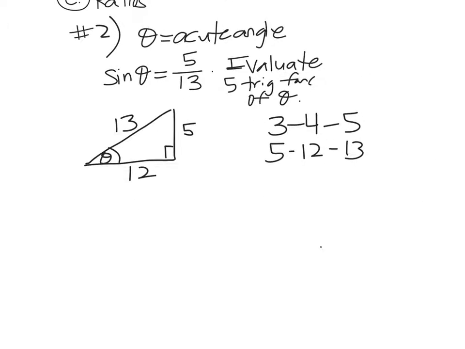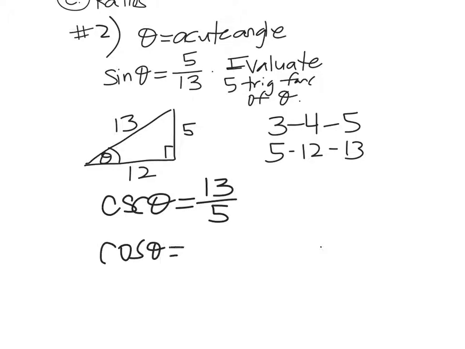Okay, and now you can find the rest of them. Isn't this exciting? What do you want to find first? Cosecant? I would probably find cosecant first because it's just going to be the reciprocal of sine. So the cosecant of theta would then be 13/5. The cosine of theta would be adjacent over hypotenuse, so 12/13.